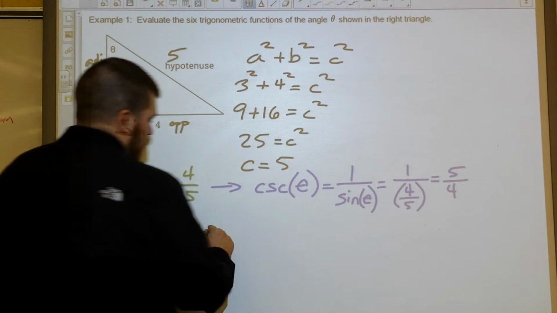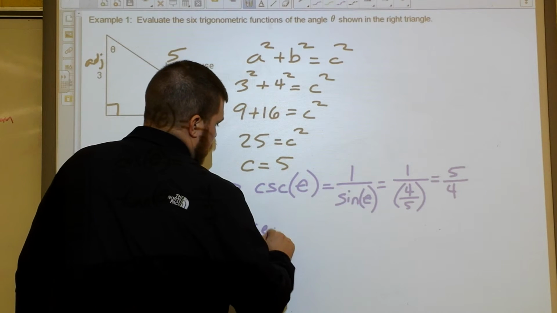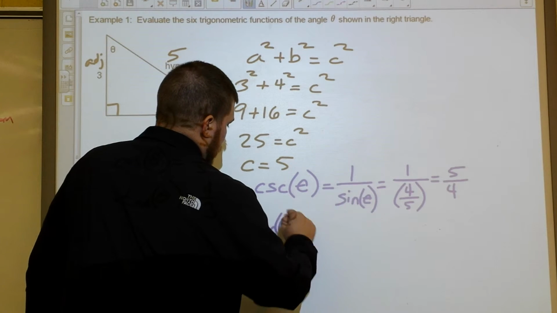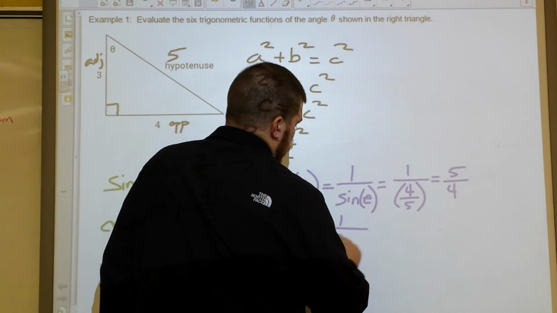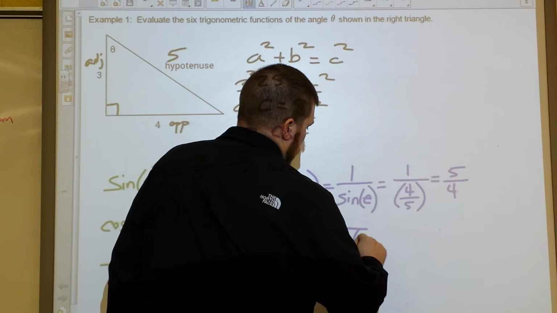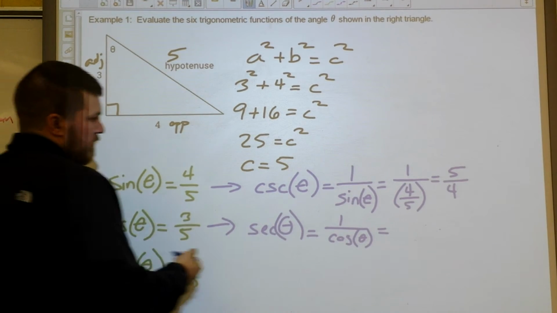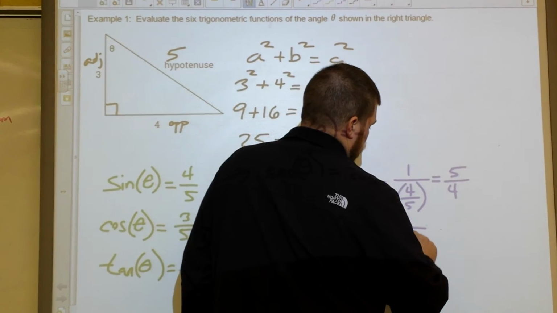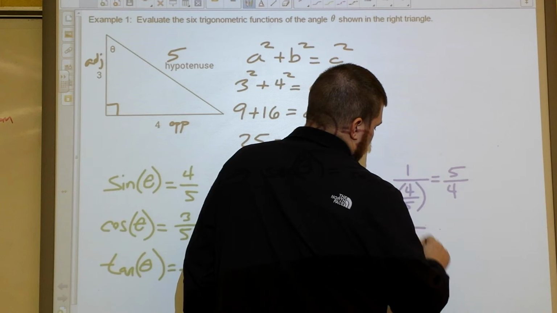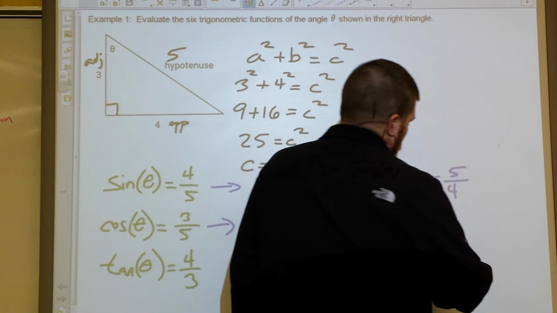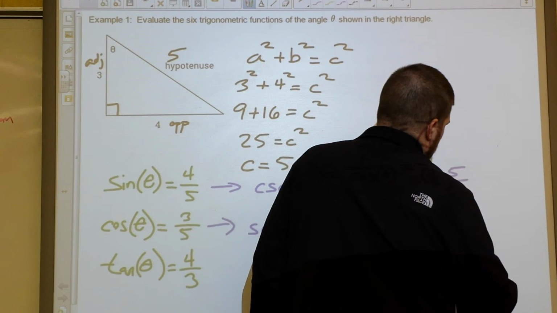Secant matches up with cosine. So secant of theta is 1 over cosine theta. So it's 1 over 3/5. Again, use a calculator if you need to, but this is going to come out to be 5/3.